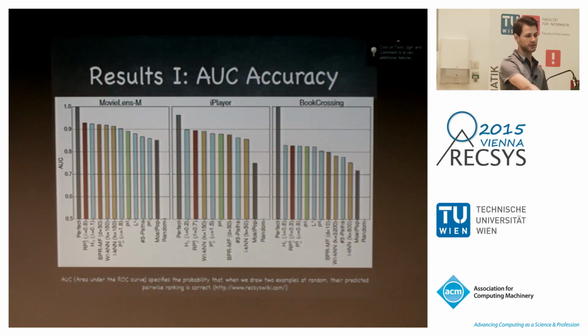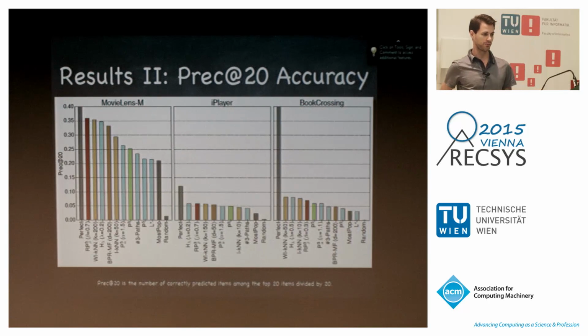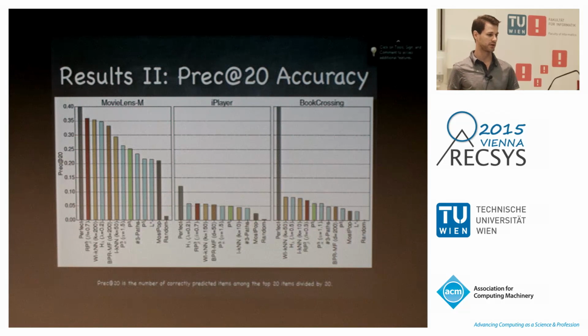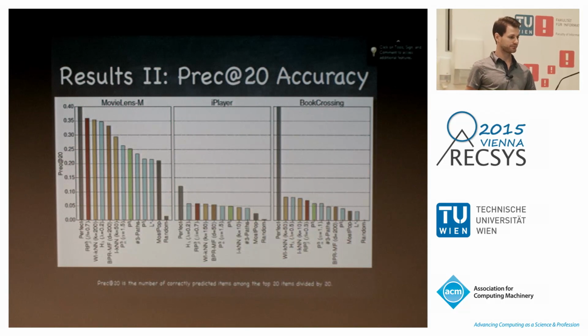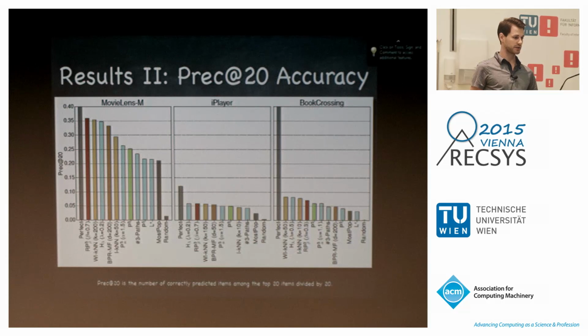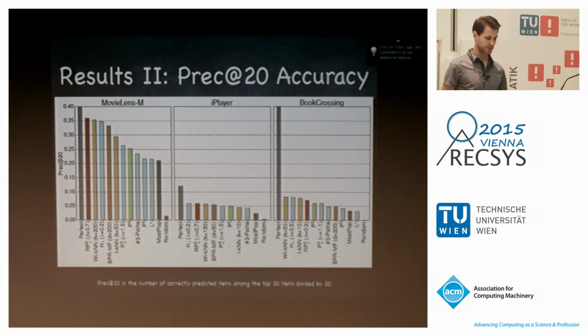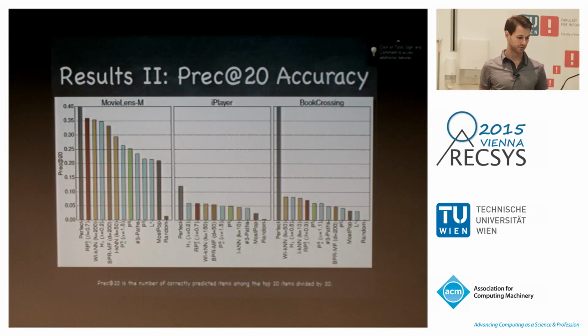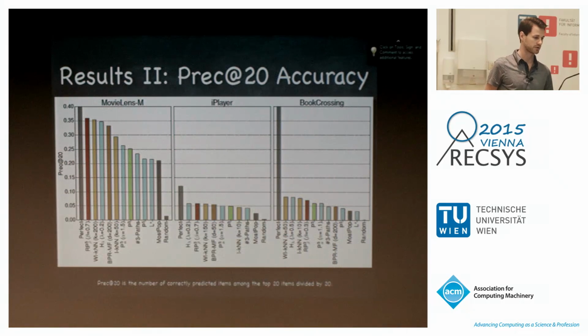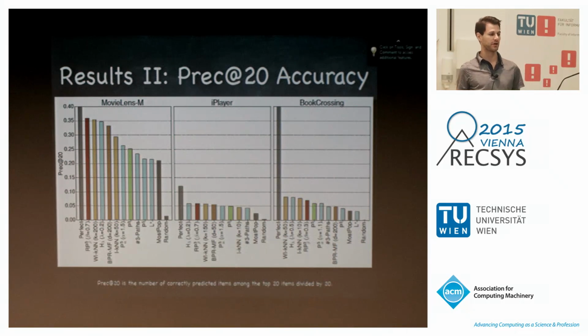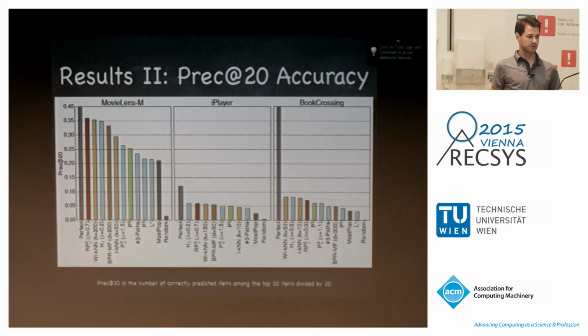We also considered the performance by precision at 20. So we simply counted the number of hits in a user's test set among the top 20 items, and we see a very similar picture. RP3 beta also is among the best performing algorithms: it's the best performing algorithm for MovieLens, and second best for iPlayer.